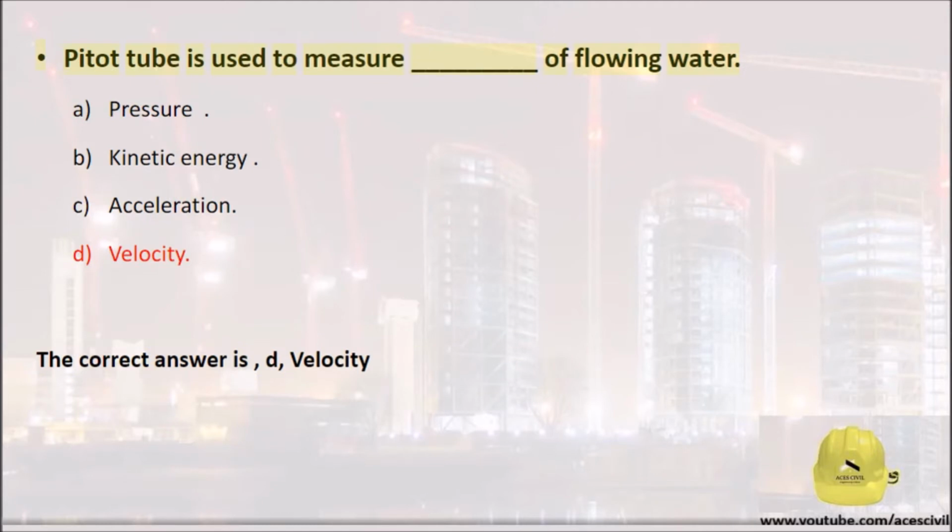Pitot tube is used to measure what of flowing water: A. Pressure, B. Kinetic energy, C. Acceleration, D. Velocity. The correct answer is D. Velocity.